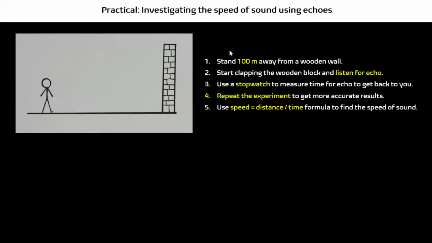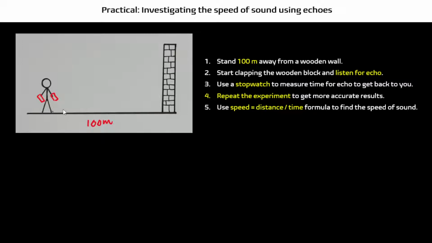Now, this is a practical investigation to actually find out the speed of sound using echoes. So, to conduct this experiment, what you have to do is stand 100 meters away from a wooden wall. So this is going to be 100 meters. And if you have, let's say, 2 wooden blocks, you're going to start clapping them and then listen for the echo.